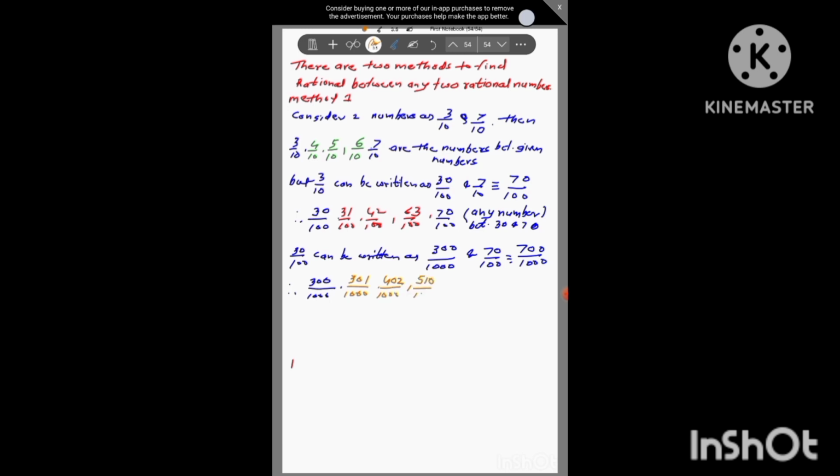This is a very simple method. You have to only multiply numerator and denominator of both the terms by 10 and increase the interval or the limit you have to answer. Now 300 upon 1000 can be written, multiplying again by 10, as 3000 upon 10,000, and 700 upon 1000 can be written as 7000 upon 10,000.